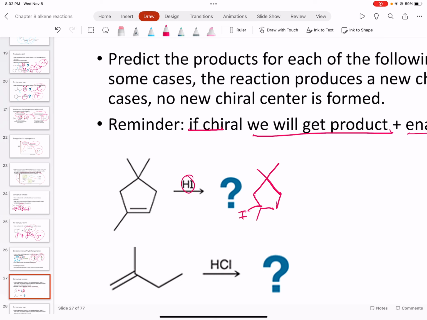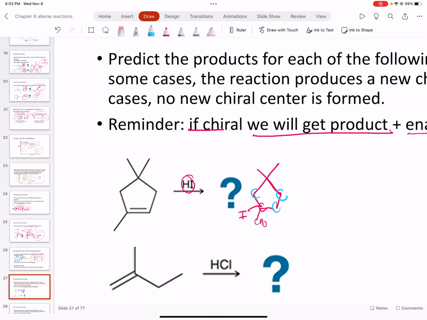So if you think about it chiral center wise, you would see that in here I ended up creating a chiral center because I have a CH3. In here I have CH2, therefore they're the same, so I can look at the next carbon.